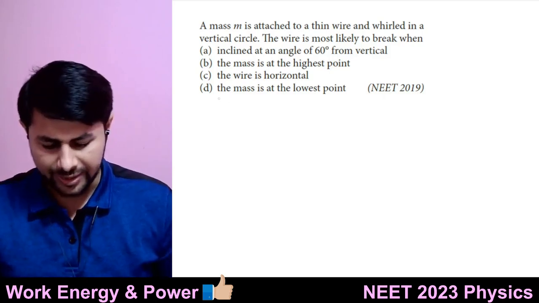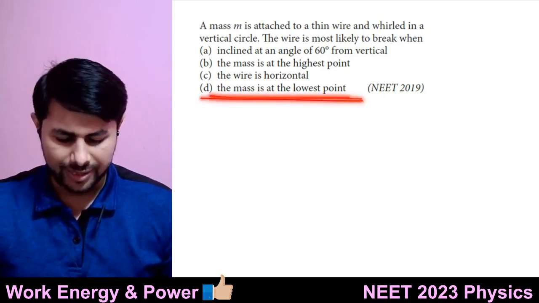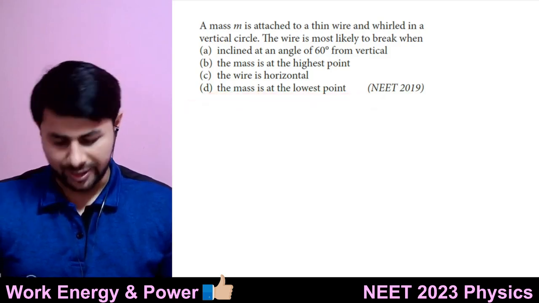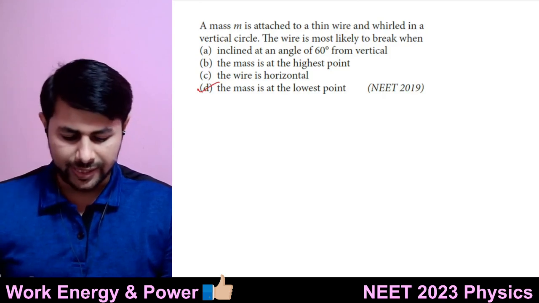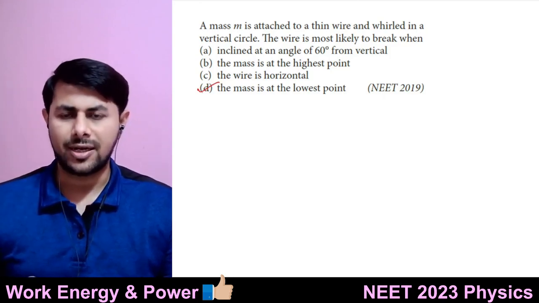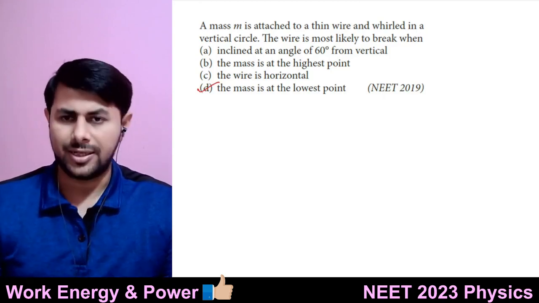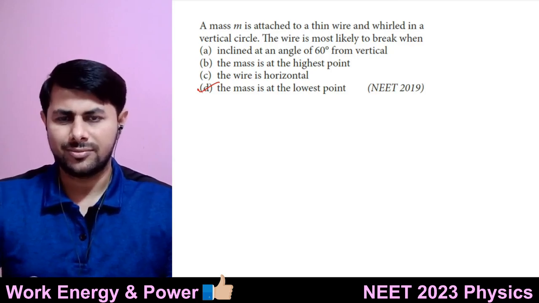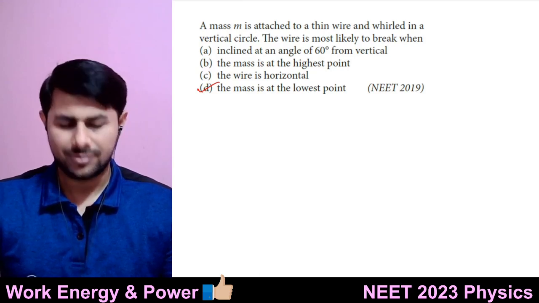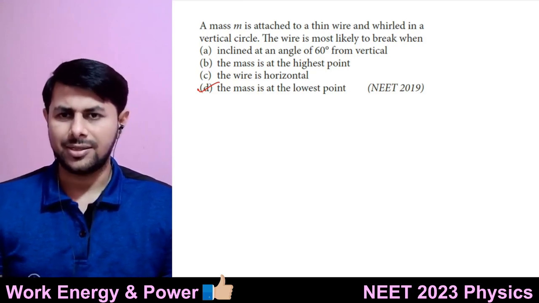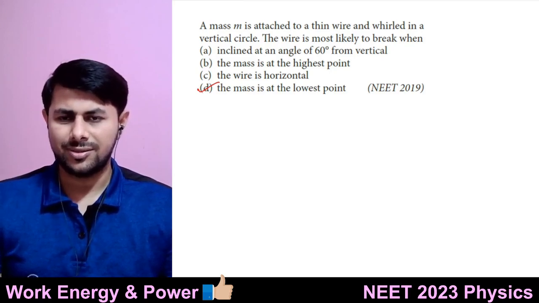It will break at that point. So when the mass is at the lowest point, it is most likely to break. Again, this was also straightforward. Is there a doubt in this?